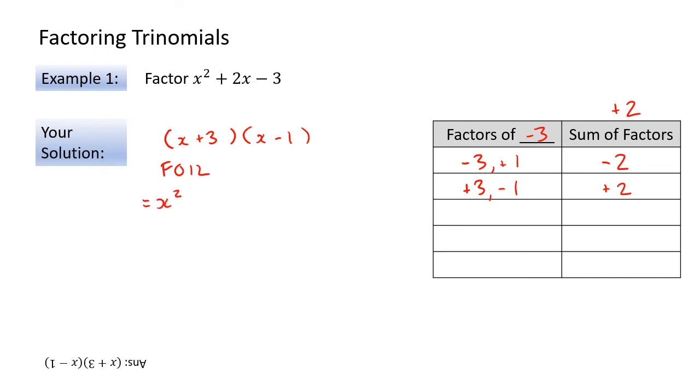Our outside terms, x times negative 1 is minus x. Our inside terms, positive 3 and positive x gives us plus 3x. And our last terms, positive 3 and negative 1, give us minus 3. So simplifying this, we get x squared, and then we have minus x plus 3x, which is plus 2x, minus 3. So you can see we ended back at the equation that we started with. Okay, that's just to check your work.